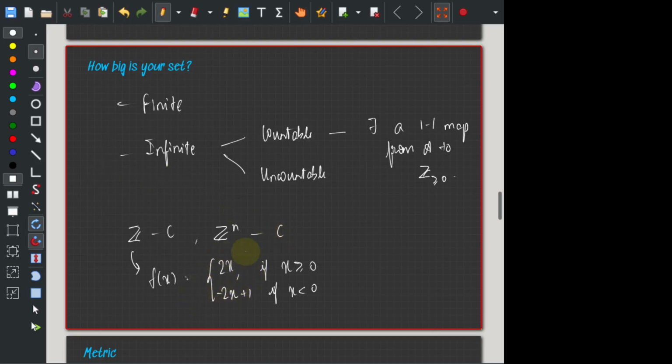You can verify that this is indeed a one-to-one map, and it accounts for all of the integers, right?